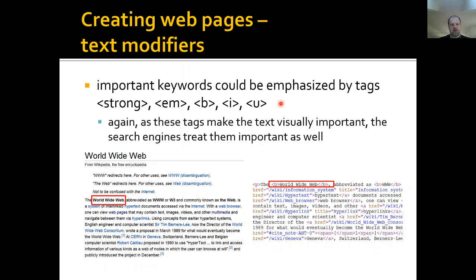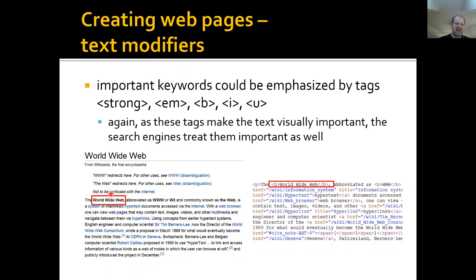And we get down to text that emphasizes text, which is strong, emphasize, bold, italic, and underline. So it's just modifying the text a bit, making it bolder and so on.